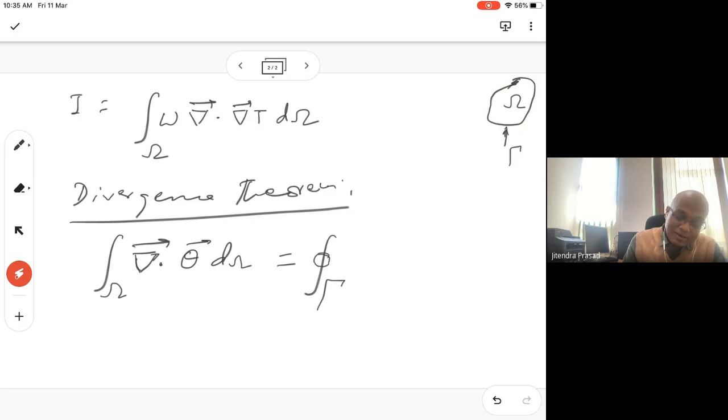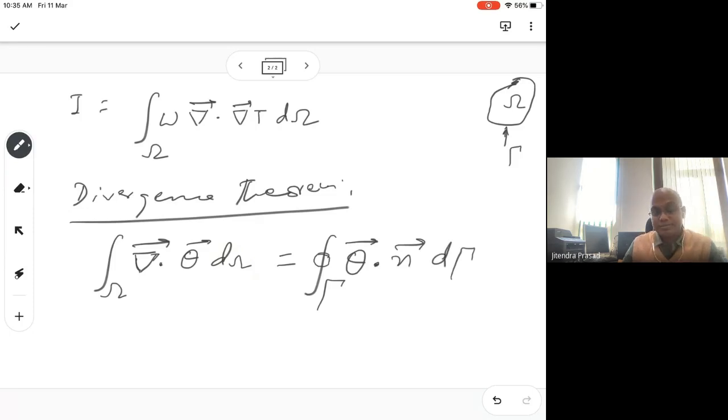Then you have theta, and a dot, and instead of del you write n here, and instead of d omega you write d gamma. This comes from mathematics.